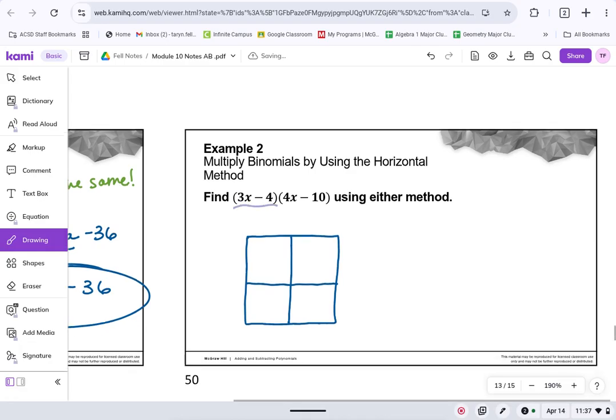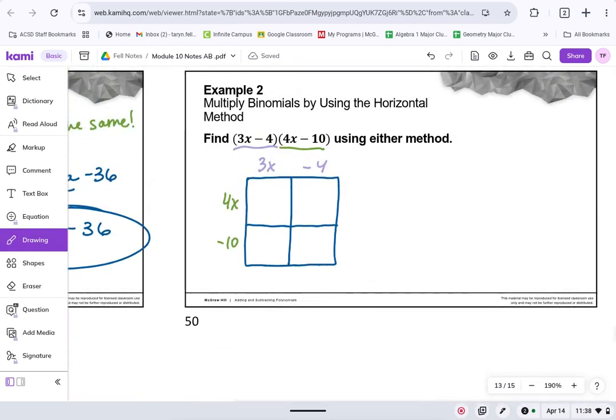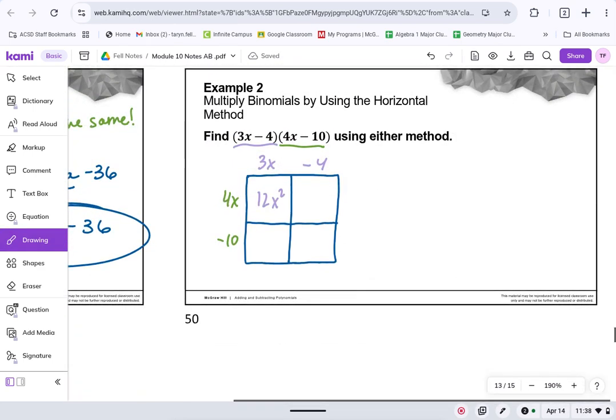So I'm going to take the 3x minus 4, put it on top, 4x minus 10, put it on the side, and then I'm going to start multiplying. So 3x times 4x is going to give me 12x squared. 4x times -4 is -16x. 3x times -10 is -30x.